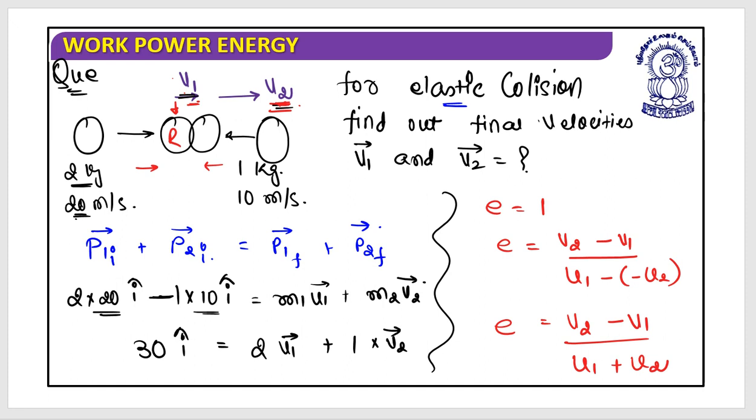I hope this is clear. So this is the way we can approach any question, considering that momentum is a vector quantity, and when it is a vector quantity, we must respect it as a vector and not as a scalar. I hope this is clear.